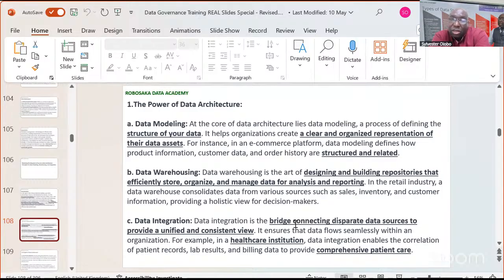If you have a proper architectural design for data warehousing, you'll be able to capture how many people bought those materials, how many remain, and the demographics of the people that have purchased those products or raw materials.